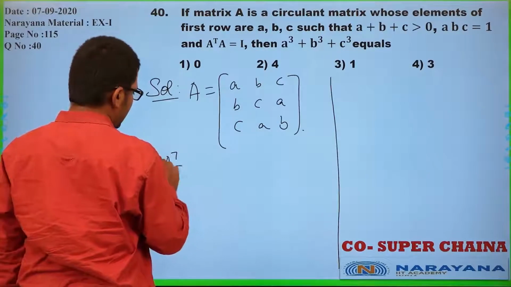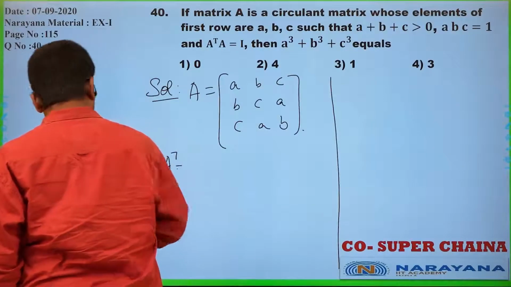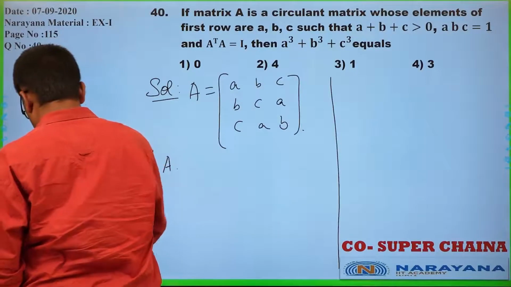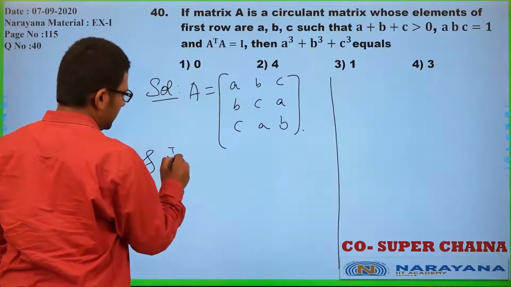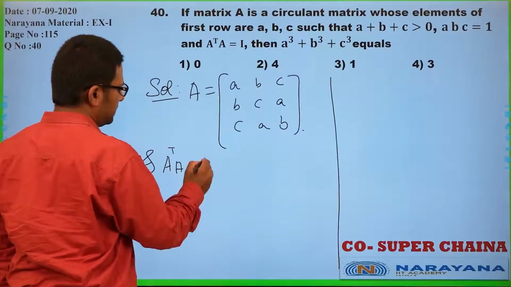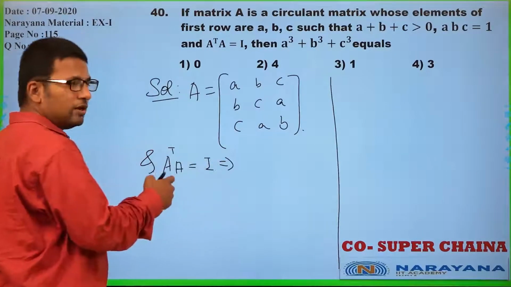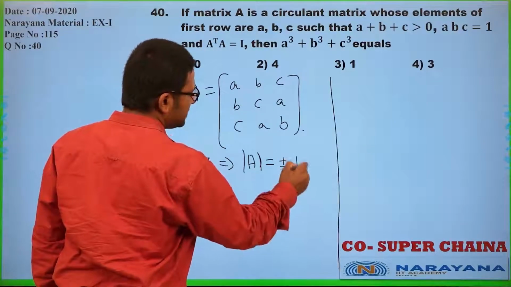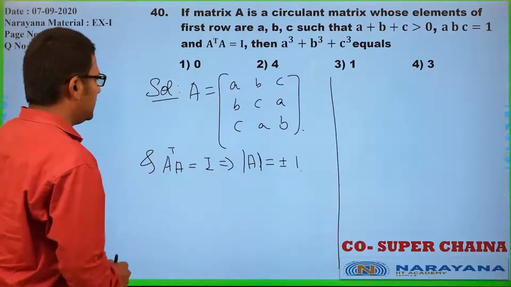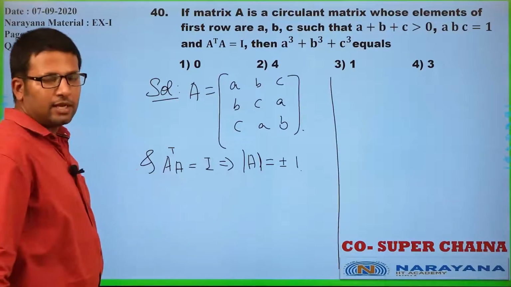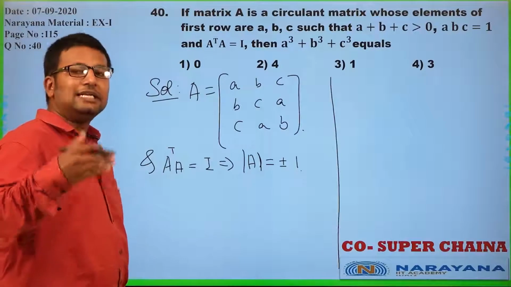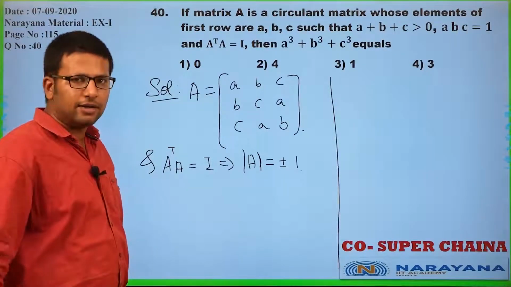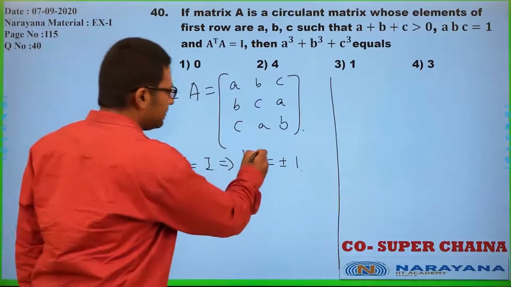A transpose A is equal to I, which means it's an orthogonal matrix, which means mod A is plus minus 1, which is determinant A. Determinants you will study in detail in a few days, but you know the basics of determinants from earlier, maybe in physics.